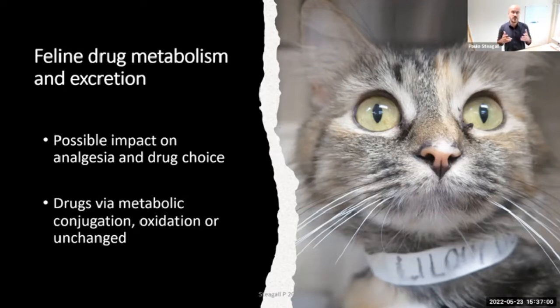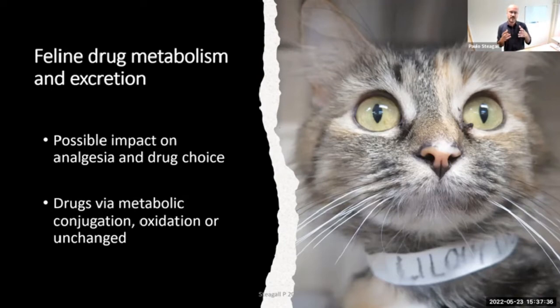And for us, talking about analgesia, of course, you know that we should never give paracetamol because of this issue. But for others, it's also worth thinking a little bit about carprofen, ketoprofen, and even morphine. Cats, for example, tend to eliminate morphine at rates similar to dogs. However, they actually produce lower concentrations of morphine-3-glucuronide. This is actually the active metabolite of morphine in humans and in other species.